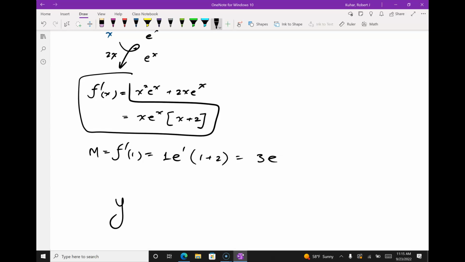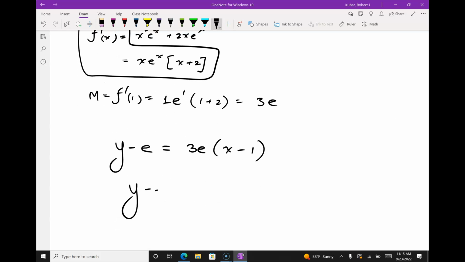Tangent line: y minus the y, which was e, equals the slope, 3e, times x minus 1. So I get y minus e equals 3ex minus 3e, or y equals 3ex minus 2e.